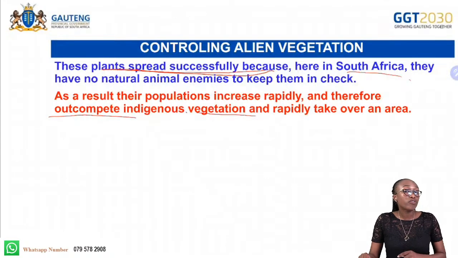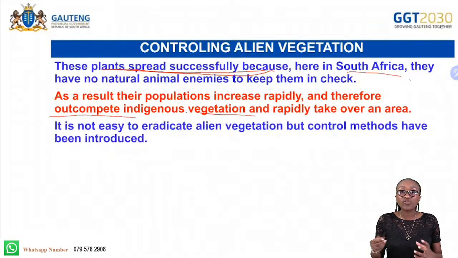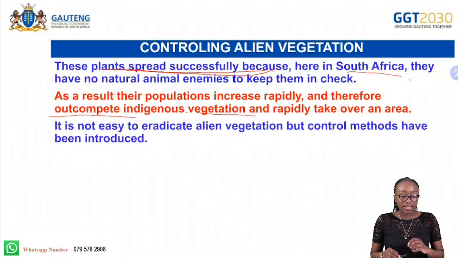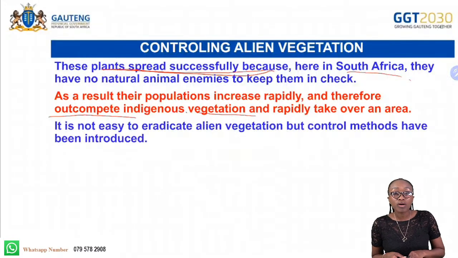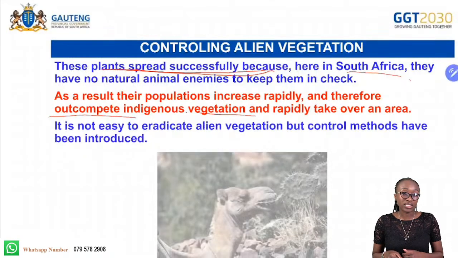If you remember from feeding relationships, if there is a resource that is scarce, different populations are going to compete for it. Now, because there are no other animals to eat the alien plant, it is going to overgrow, it is going to overpopulate an area.